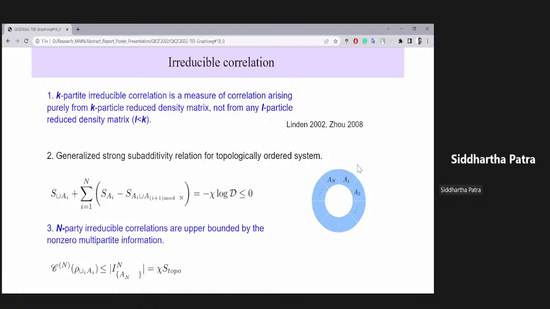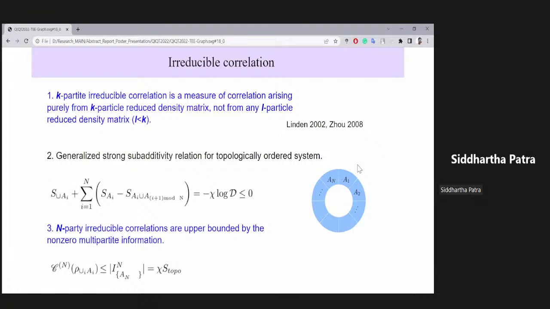So we saw that k-partite irreducible correlation, which is a measure of correlation present in the k-particle reduced density matrix, but not in any lower particle reduced density matrix, shows that the n-partite irreducible correlation is upper bounded by the n-partite information, that is non-zero.